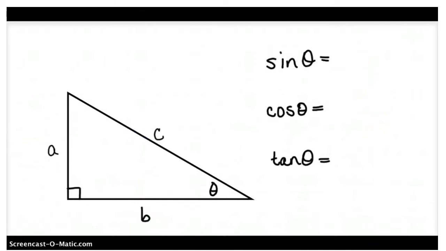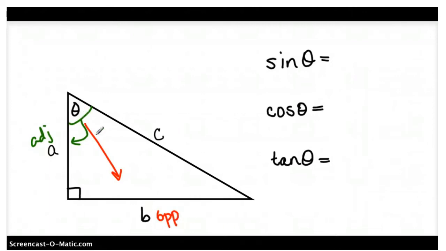Looking at this same problem, I could decide to move, and let's make this theta for this problem. It doesn't change anything except for my reference point. Now, instead of A being the opposite side, A is the adjacent side, and B is my opposite side, and C is my hypotenuse.